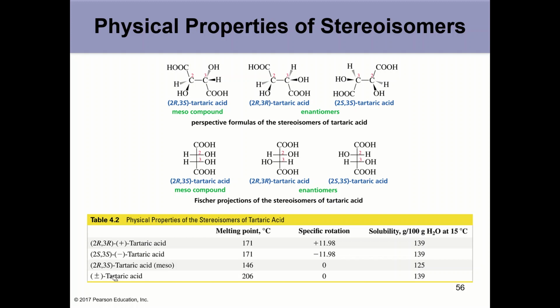Finally, we look at a 50-50 mixture, indicated by plus-minus, of tartaric acid. What this is doing is making a solution that is 50% 2R3R and 50% 2S3S tartaric acid. We know this from the symbol given in front. This plus-minus symbol indicates a 50-50 mixture that is called racemic.